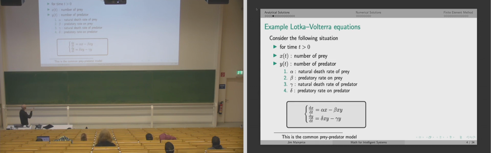where the rate at which the population changes, so if we didn't have any predatory rate on prey, the number of prey would be only a function of the population size, so the growth rate or the decay rate would only be a function of the population size.